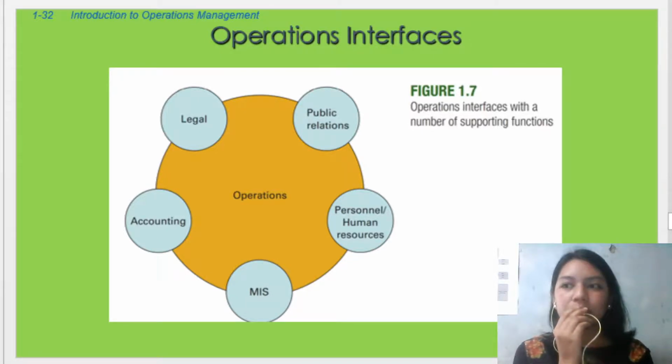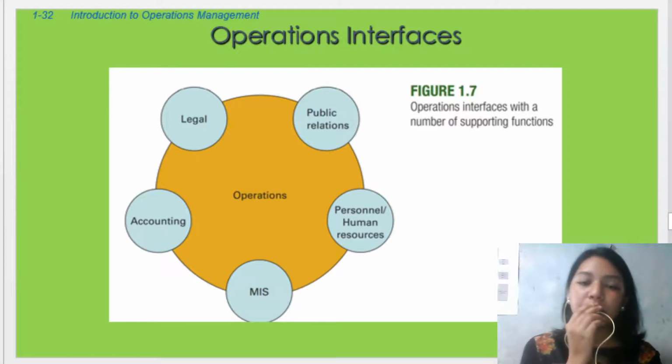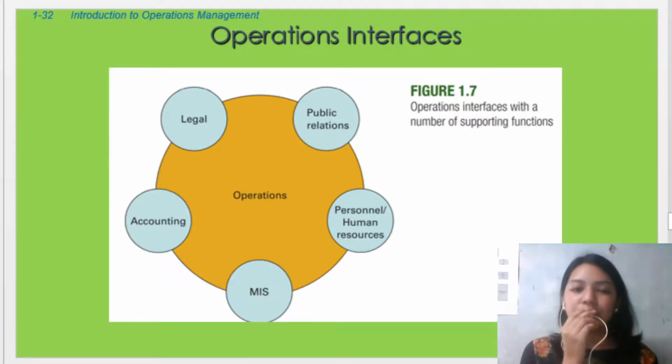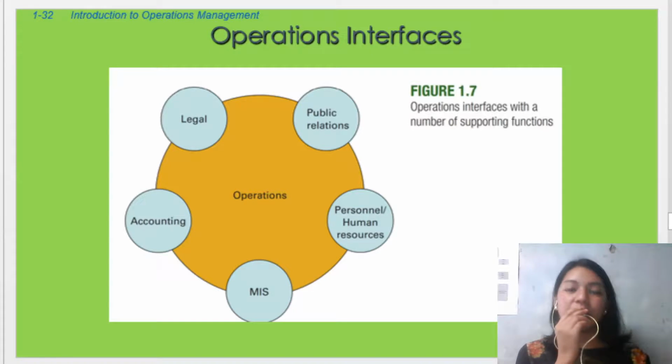Next is the personnel or human resources department. They are concerned with recruitment and hiring of people for operations, not just in operations but in the whole company.